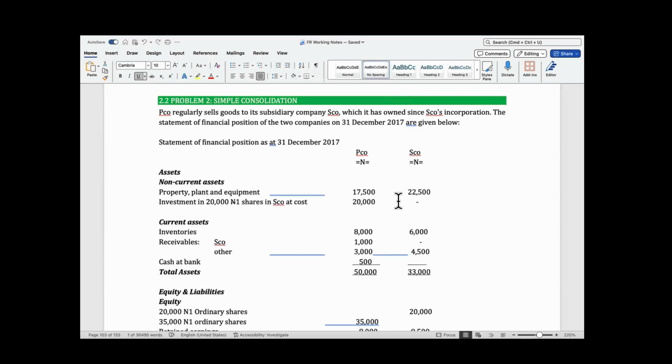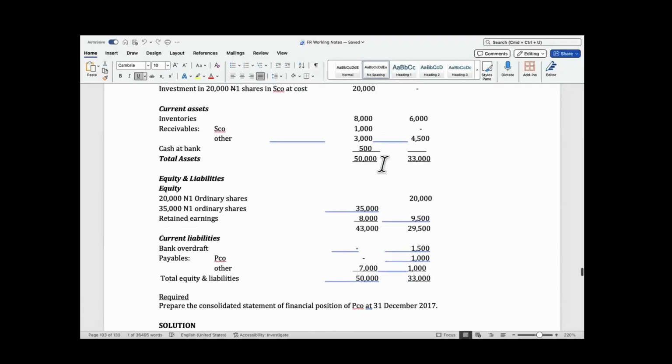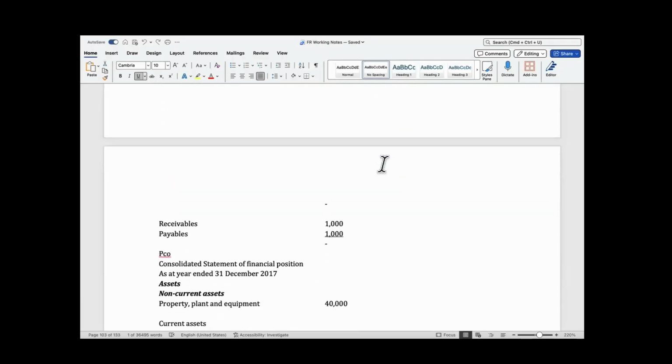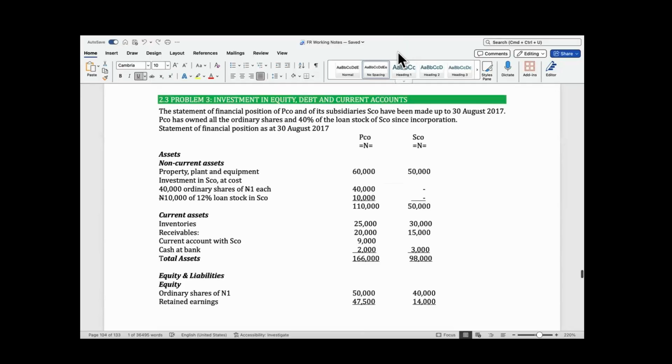So again, still on cancellation, all I'm going to do is cancel out similar items, and any uncancelled item will be consolidated. That is all I will do. I will not do anything beyond that, except where there are a lot of items to be cancelled, then I would have to do workings for some cancellations. And there might be some balances here and there, which I will need to consolidate at the end of the day. Okay. Shidera, hope you are following and not just reading.